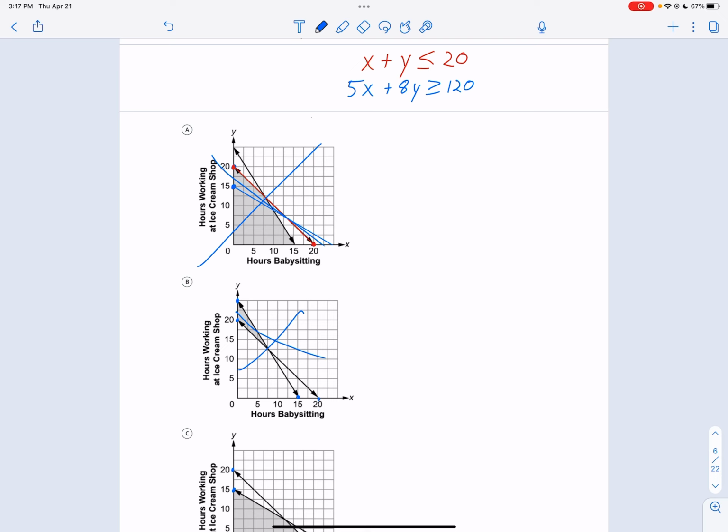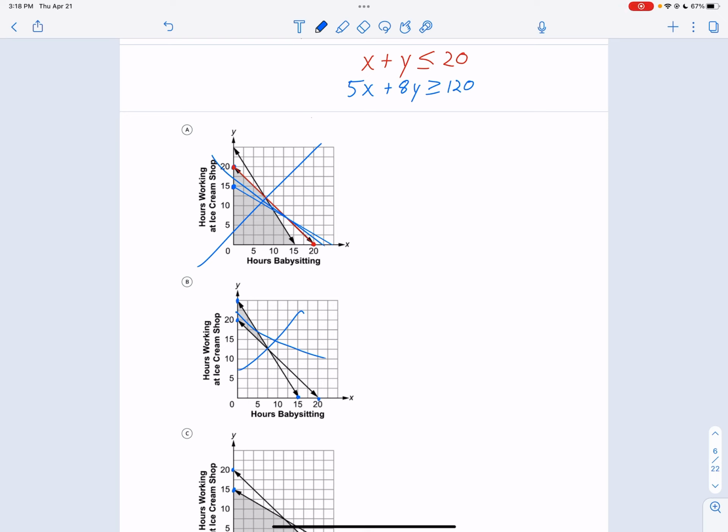Without even solving it, I know that I need to shade downward, because my boundary line is going to be y is less than or equal to something, and that means that all of my y values are below that boundary. So you shade downward when your positive y value is separated from the rest of it by a less than sign.